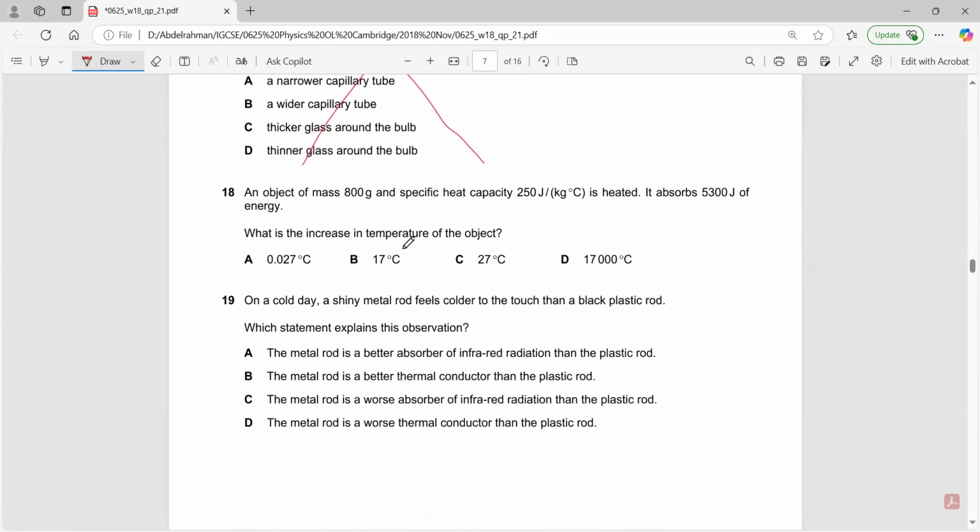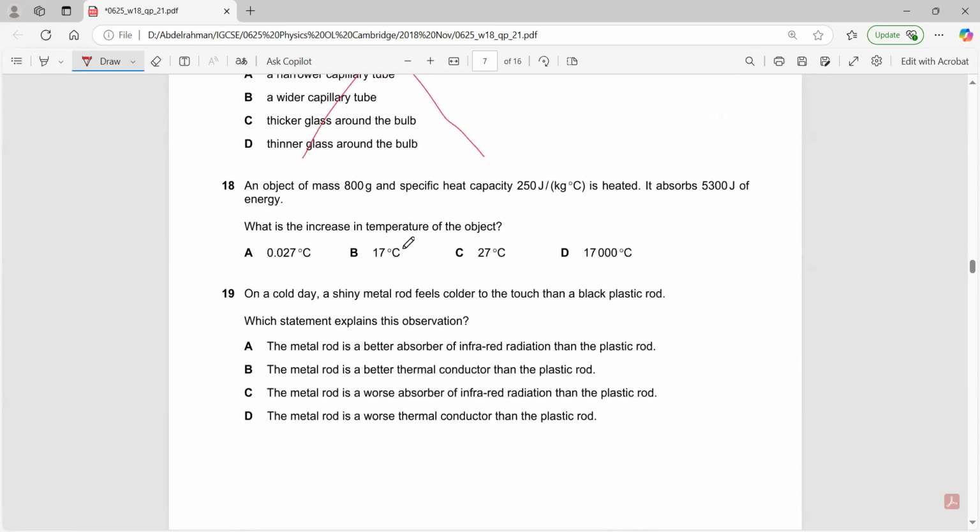Question 18. An object of mass 800 grams, specific heat capacity 250 joules per kilogram degree Celsius, is heated. It absorbs 5,300 joules of energy. What is the increase in temperature? Energy equals mc delta t. So we need to find delta t, which would be energy over mc.